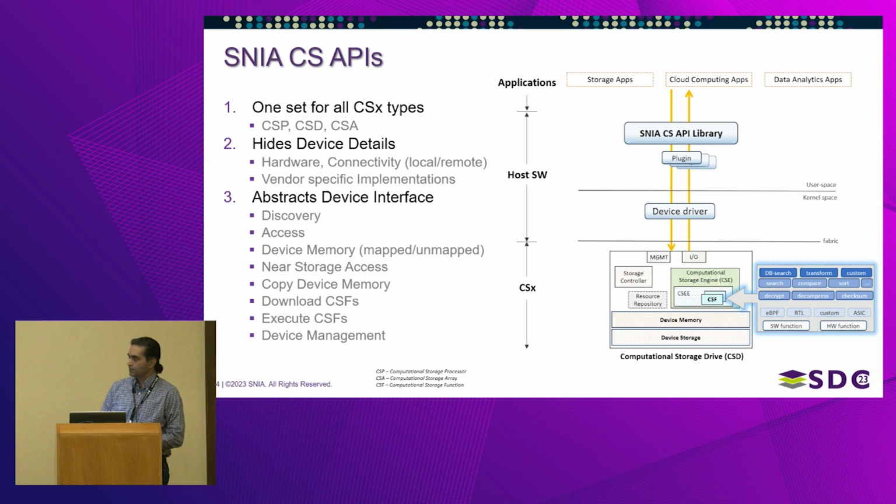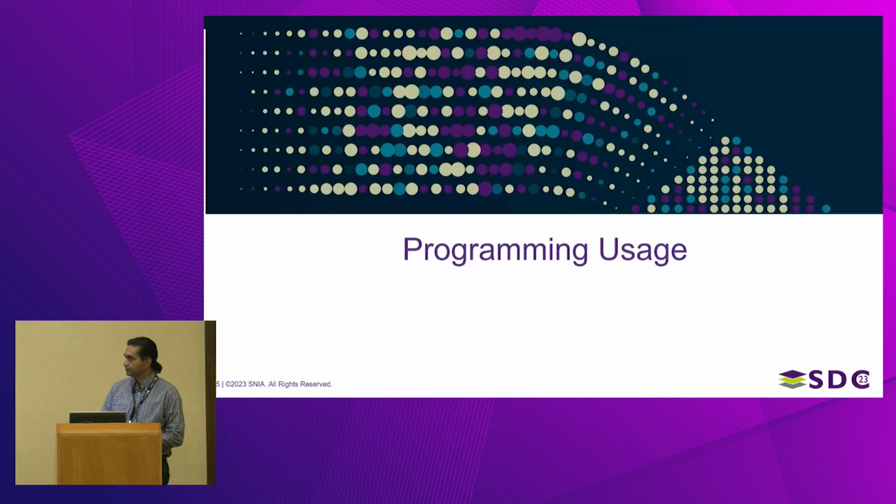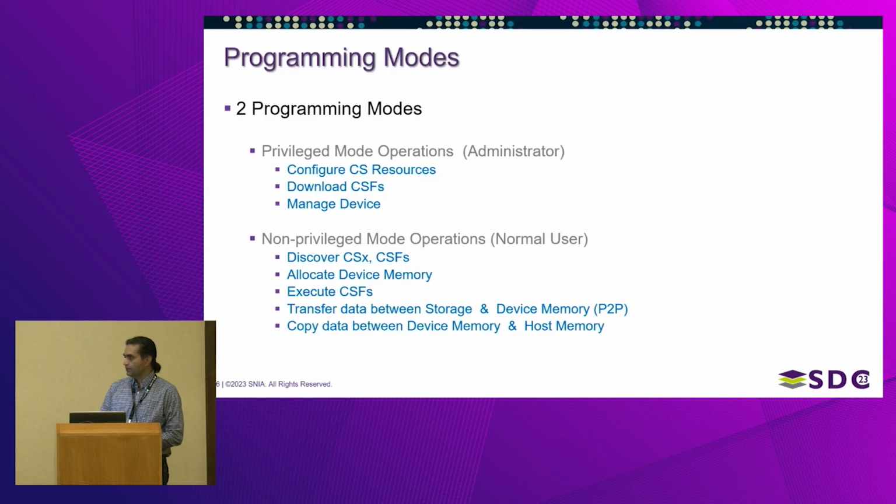So this is a broad usage of what the APIs can do. That is, with an abstracted interface, you can manage your device and also run functions on your device and basically compute. So with that, let's get down to the programming usage by itself. So we define two programming modes.